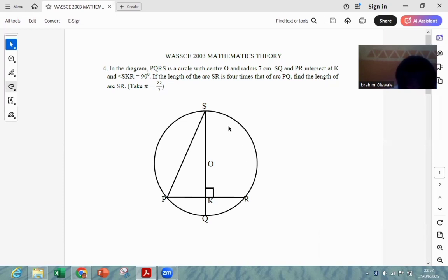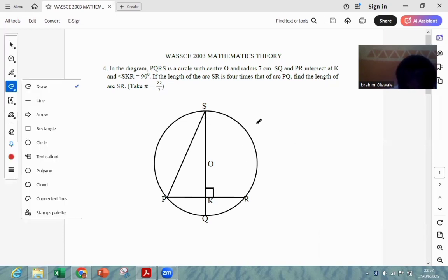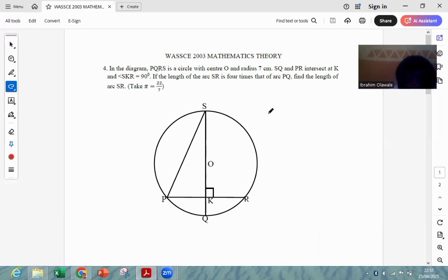Now, we are given this condition that the length of arc SR is 4 times that of arc PQ.